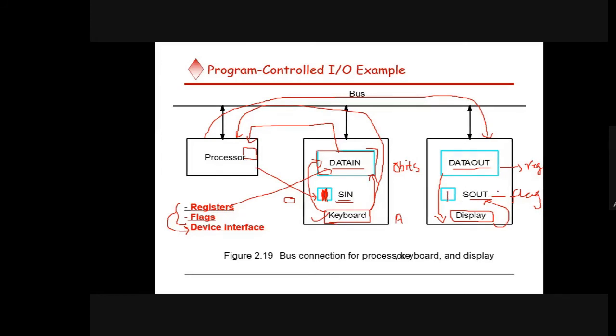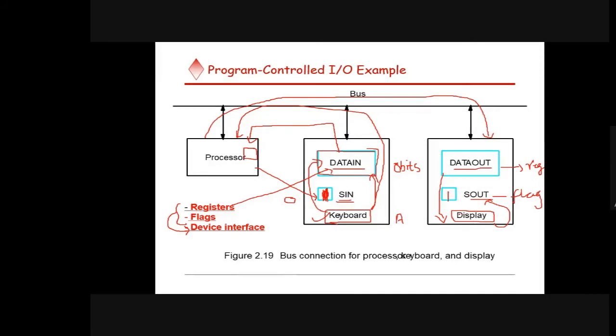What is this SOUT status telling? When the display device is ready to display the data, that time your SOUT will have the value 1. If the display device is already busy displaying some other characters, that time your SOUT value will be 0. Similar to the input device, the processor won't check the content of data out.